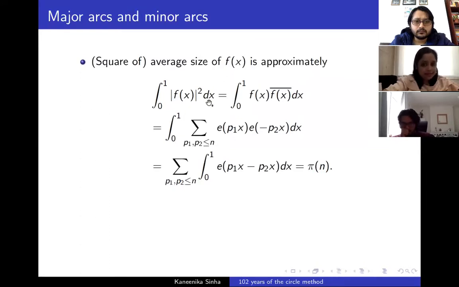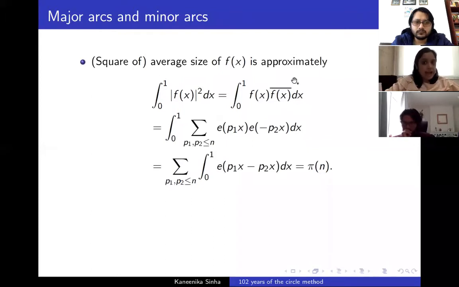These kinds of identities are used very frequently in analytic number theory. The square of the absolute value we write as f of x times its complex conjugate. So now you've got the integral from 0 to 1 and a double sum: sum over all the primes of e of p1 x, and again sum over all the primes of e of minus p2 x, because you were taking the complex conjugate.